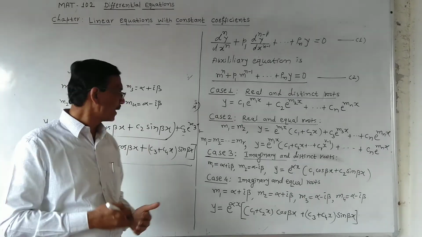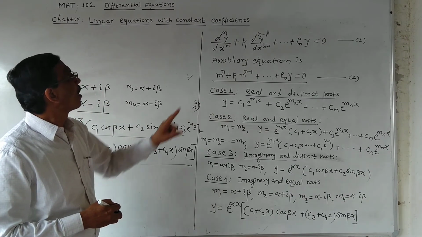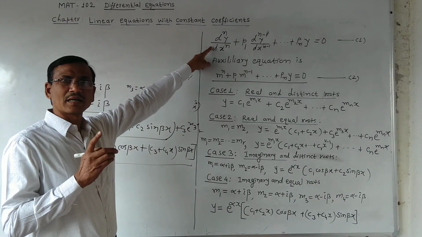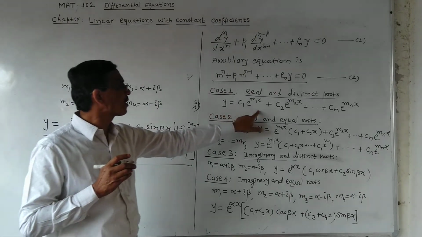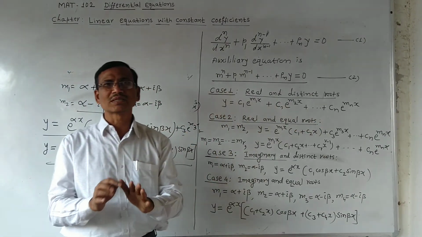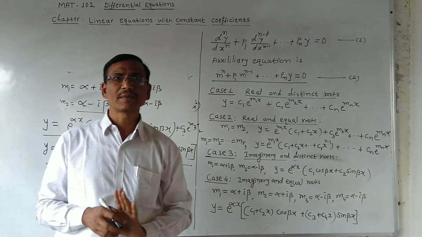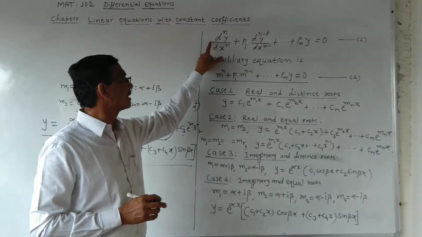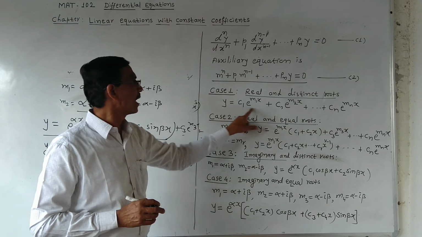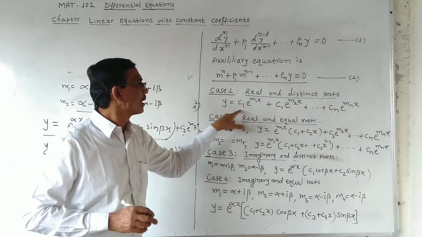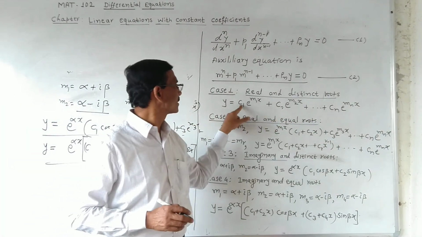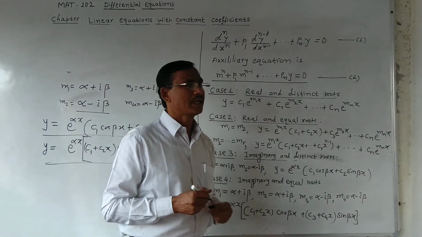We shall see that later on. You have to remember that the order of the differential equation and the number of arbitrary constants in the solution must be equal, then it will become a general solution. If the order is n, there are n arbitrary constants c1, c2 up to cn.